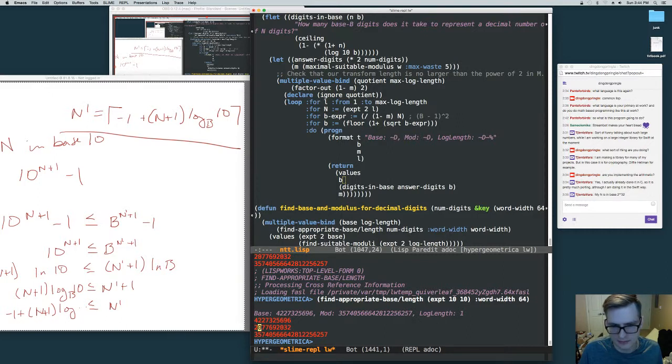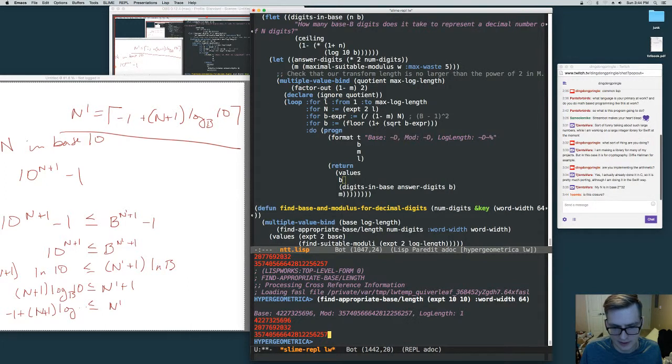The number of digits, so to speak, in that base is going to be about 2 billion. And then our modulus is going to be this large number right here. No, this is not Clojure, this is Common Lisp.